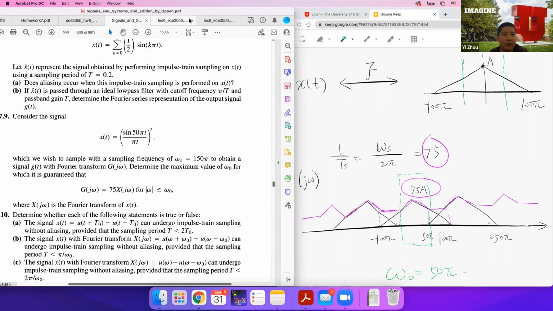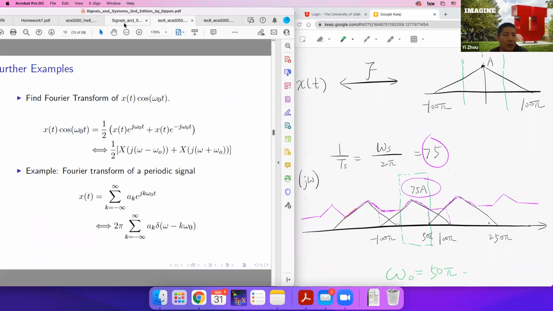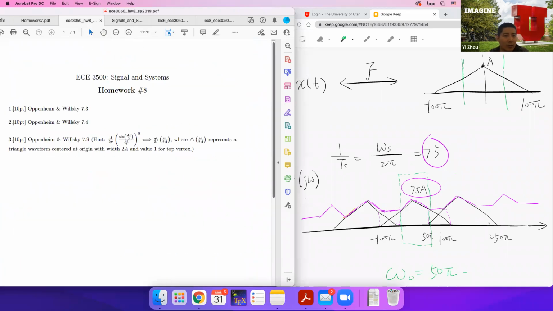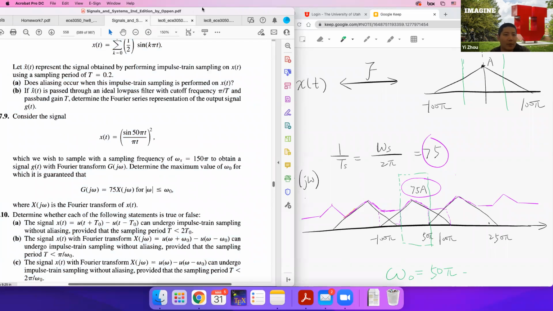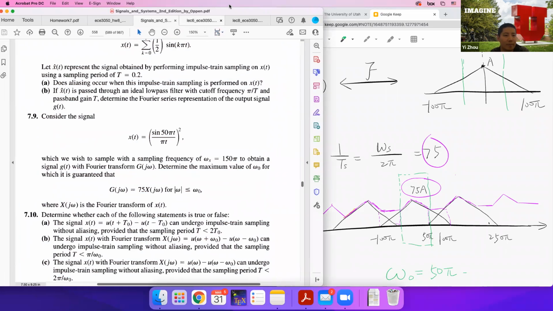I think that's all of the homework 8. Yeah. So for this type of problems, you need to carefully plot the sampled spectrums. Okay.